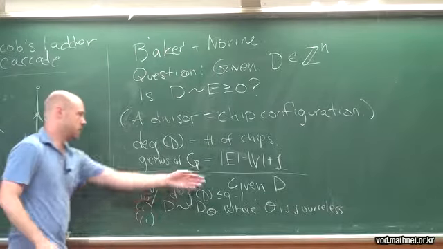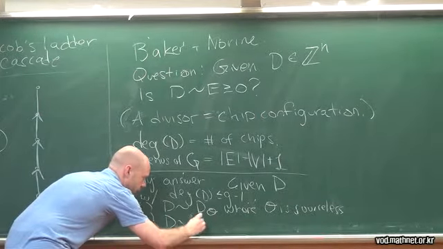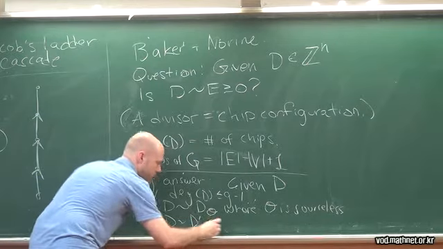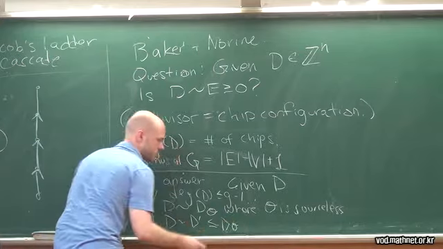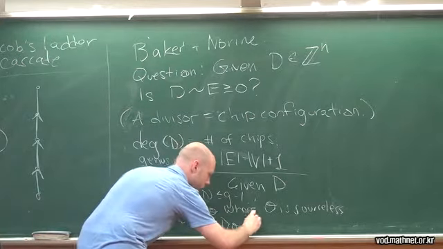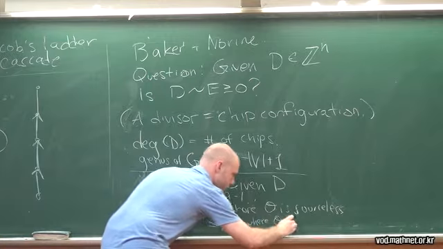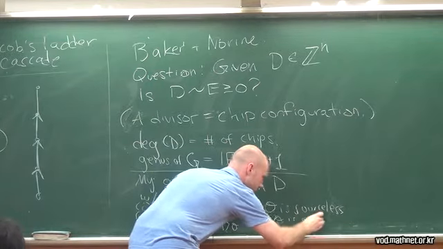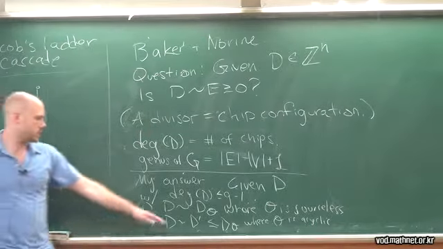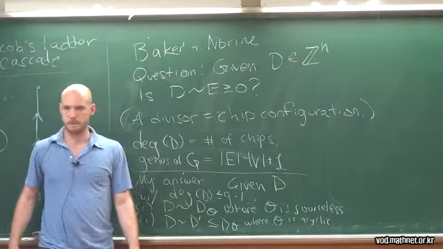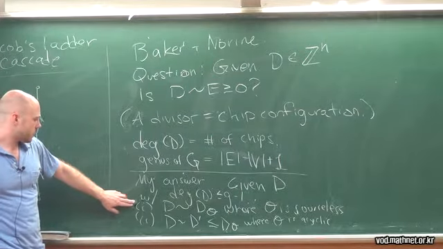Or, and I'll say what sourceless means in a second, D is equivalent to some D prime, which is dominated pointwise by some D sub O, where O is acyclic. Okay, so let's talk about the first option.